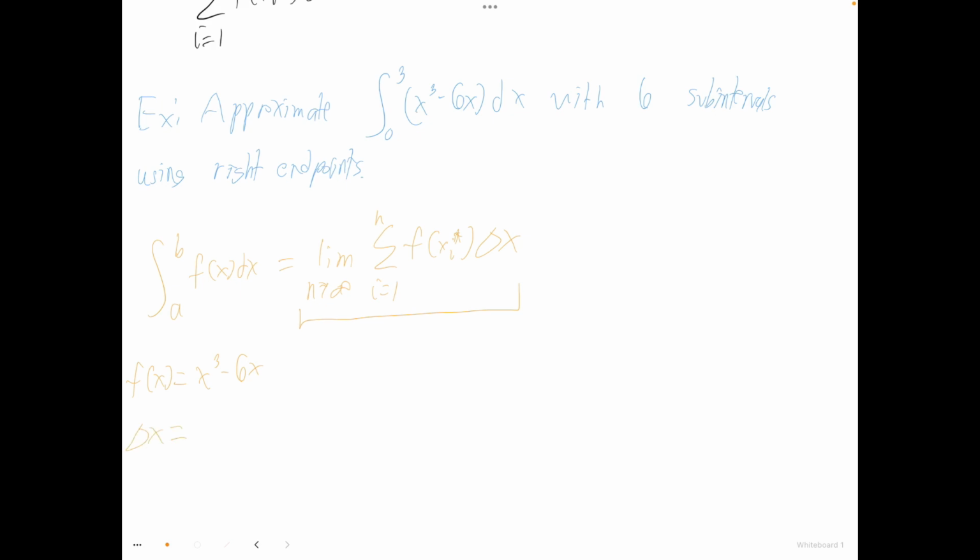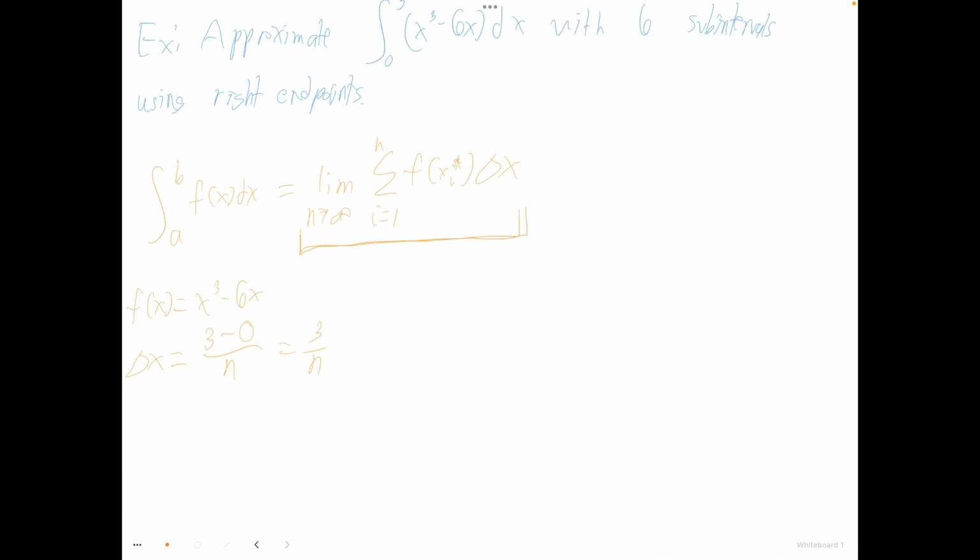That's b minus a over n. Well, b is in this case 3, because we're taking the integral from 0 to 3. So it's 3 minus 0 divided by n. Now we're going to do it in general first, and then I'm going to restrict it in the case of 6. So I am going to use n and find this limit first, and then we'll just drop the limit and plug 6 in for n.